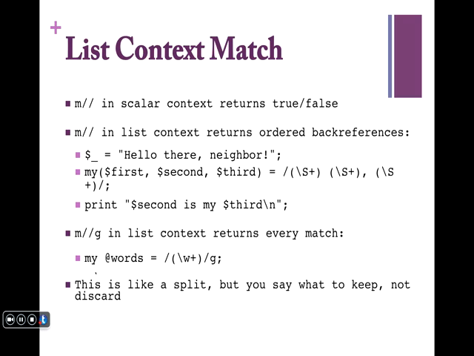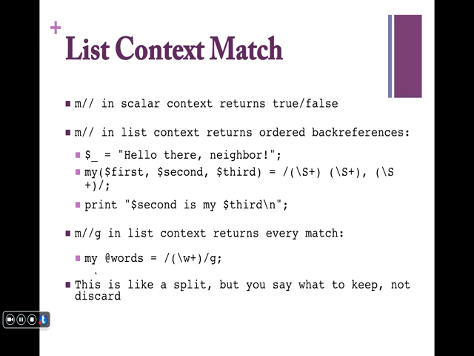I have in our $_ the following string: hello there neighbor, question mark, exclamation mark. Now on the left side, as you can see, is a list. How did you know it's a list? Because I have the parentheses as delimiters and it starts with my, so I have a list. In this list I have 3 elements: the first, the second, and the third.